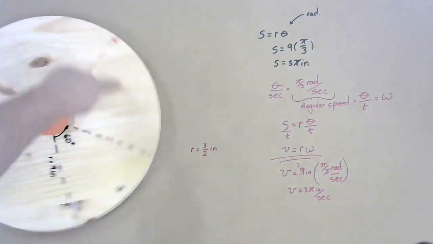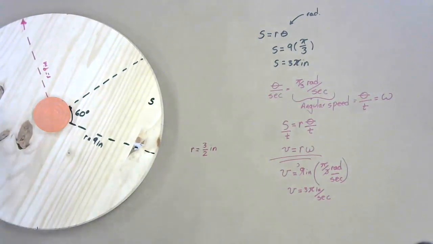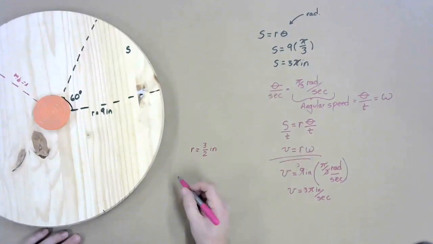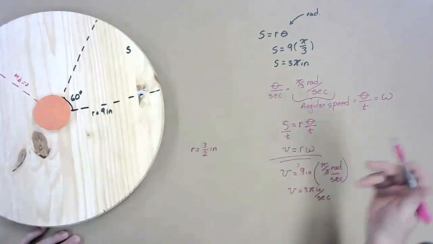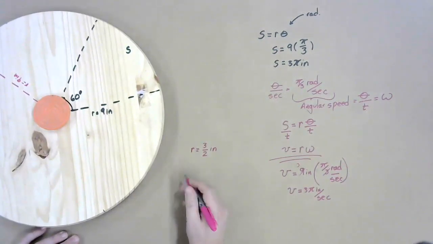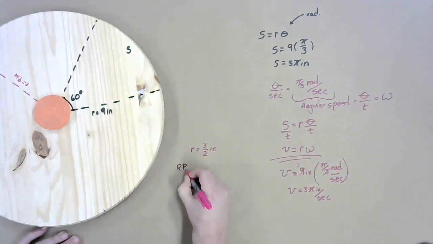Fractions are easier to work with in the long run. And I want to imagine this thing is spinning really fast. If it does, we often don't talk in terms of radians per second. You might be more used to hearing people talk in RPMs.